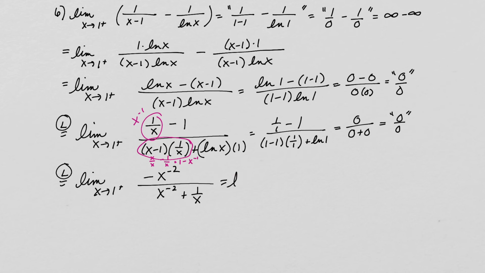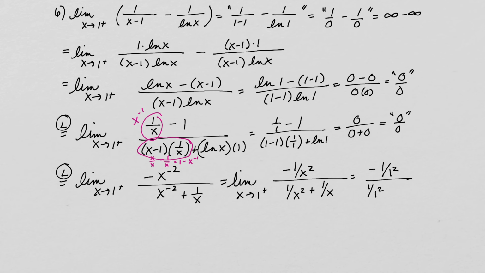So this is really equal to the limit as x approaches 1 from the right of minus 1 over x squared, all divided by 1 over x squared plus 1 over x. And if I plug in 1, I get minus 1 over 1 squared divided by 1 over 1 squared plus 1 over 1. So we really just have minus 1 divided by 1 plus 1, or minus 1 half.